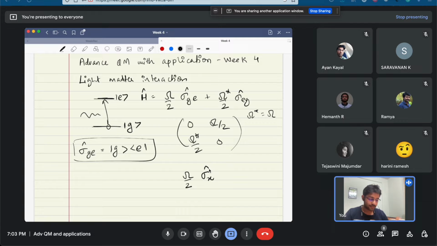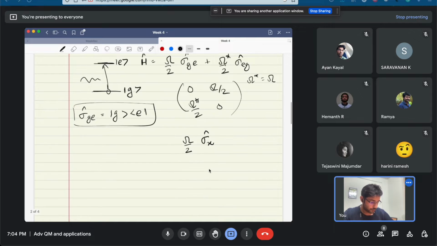Why I am doing this is it shows the beauty of physics, that a Hamiltonian that you have seen in some other context can be used in different areas of physics as well. Just like the angular quantum numbers, the eigenvalues that you had obtained can be used for spin quantum numbers as well. So there is a symmetry in physics, and in different areas of physics you can understand things using the same kind of concepts.